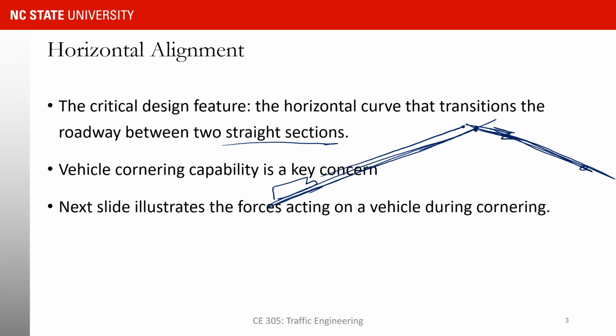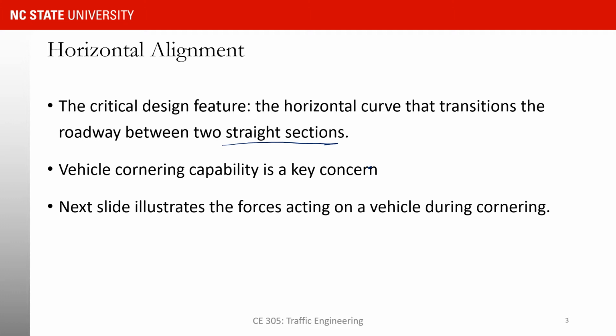So when you are driving on a horizontal curve, vehicle cornering capabilities are very important. Think about it as if you are driving a sport car versus driving an SUV.